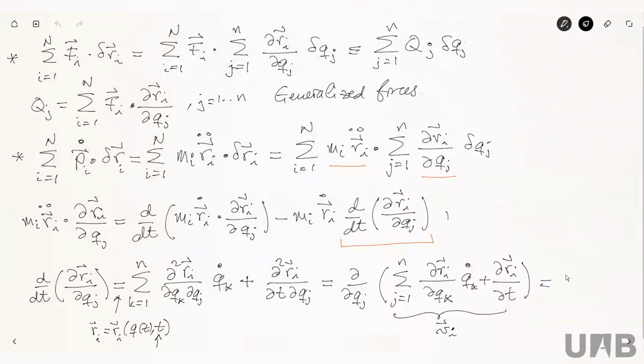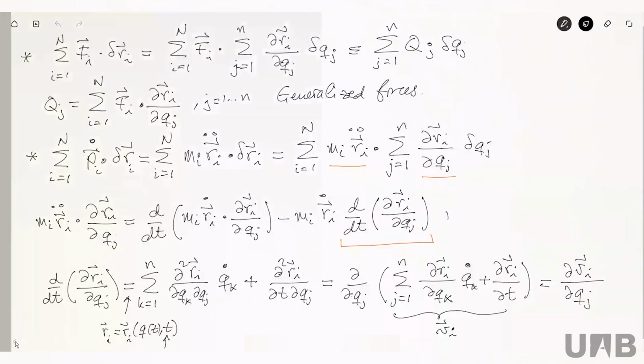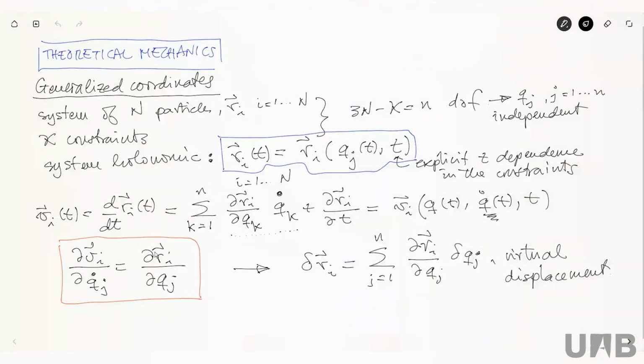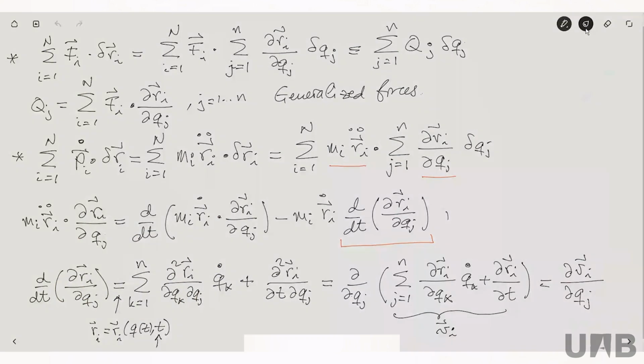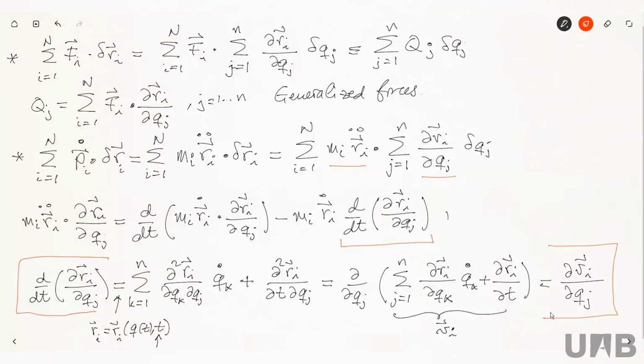So what we find is that this is the derivative of the velocity v_i with respect to q_j. So here we find another of these relations that is going to be useful, and therefore, I'm going to frame it. Okay? Good.